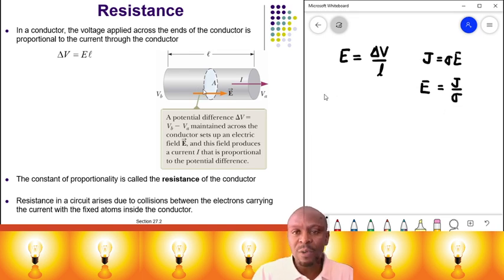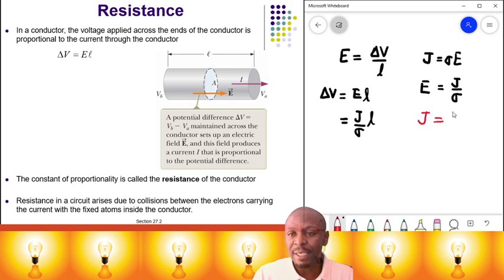Now, from that equation here, the change in V is equal to EL. Whenever I see E, I'm just going to write this. Therefore, that equation becomes J divided by sigma times L. Right. But we also know what J is. J is just the current I divided by area.